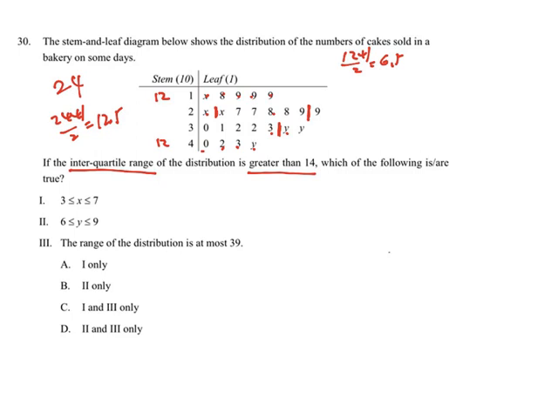The upper quartile is between 33 and 30 plus y, so 33 plus 30 plus y divided by 2. For the lower quartile, it is 20 plus x. Because x is the same, 20 plus x, the difference is greater than 14.